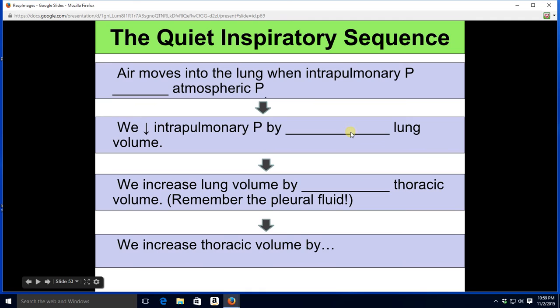I'm giving you this little break there so you can say it before I do, okay? We increase lung volume by increasing thoracic volume. Remember, the pleural fluid causes the adherence of the visceral pleura to the parietal pleura, so whatever the thorax does, the lungs do. Now we're going to increase the volume of the lungs by contracting skeletal muscles.